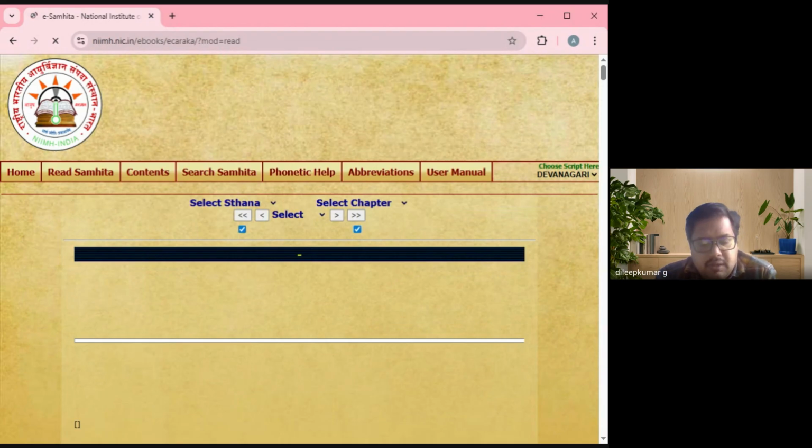In the previous chapter, Arshas, it is mentioned that Arshas, Atisara, and Grahani are Paraspara Hetava. Means Arshas can lead into Grahani. So hence, Grahani is mentioned as the next chapter.